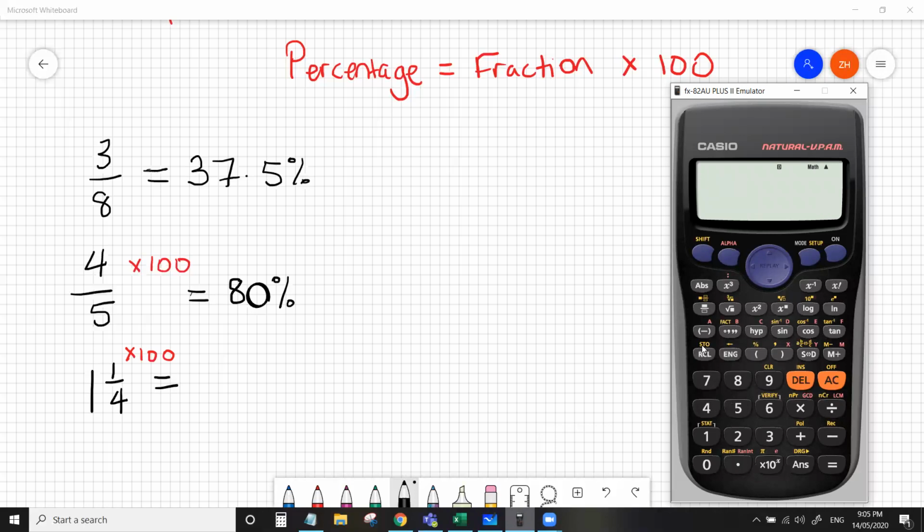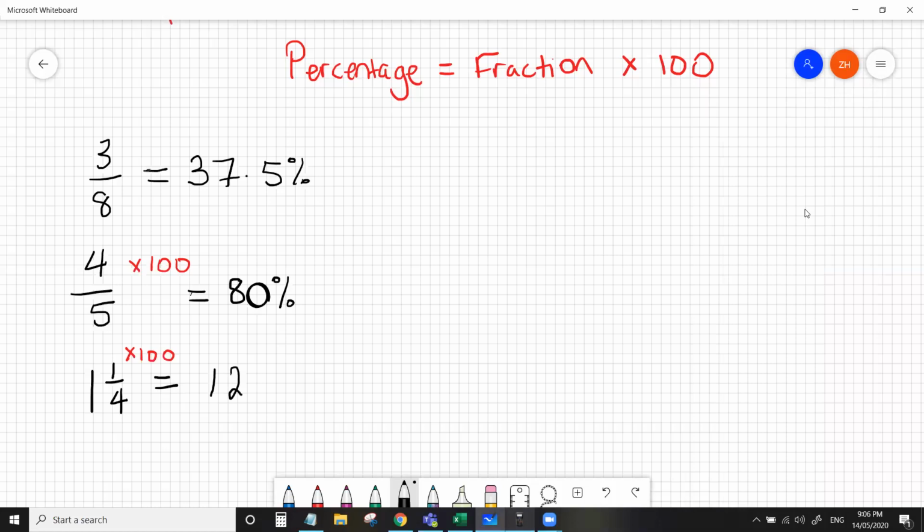So to type in a mixed numeral, we need to press the Shift key first, and you can see the little S will pop up in the top left-hand corner, and then press the fraction key. And if you do that, a little extra box will pop up in front of the fraction on your screen, so then you can type all three parts of the fraction in, 1 1/4. We'll move across, we'll times it by 100, and that equals 125. So it's going to be 125%.